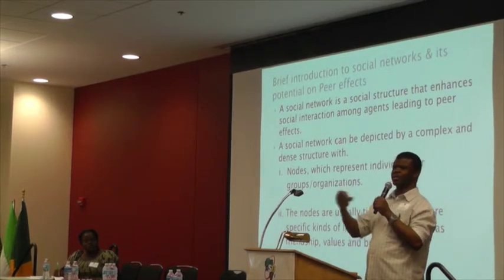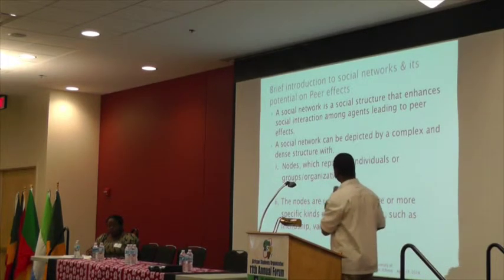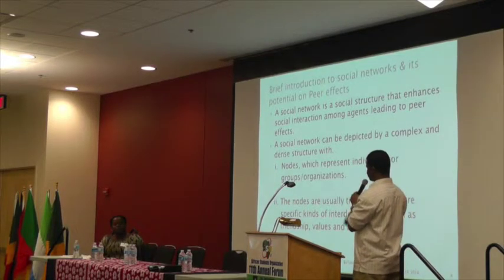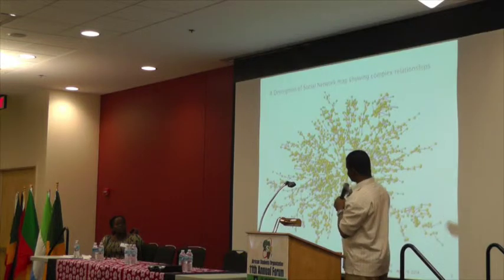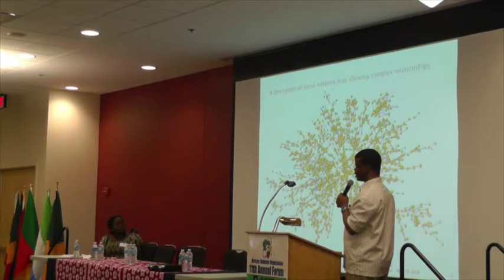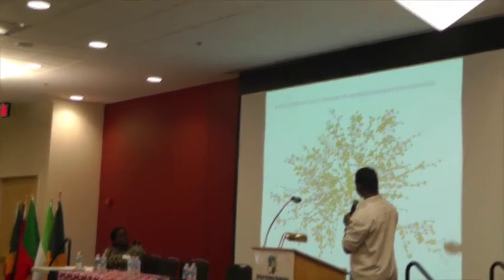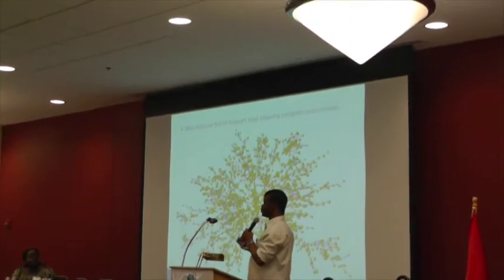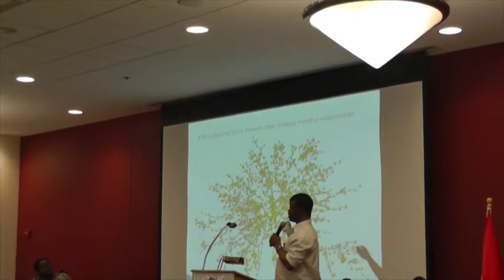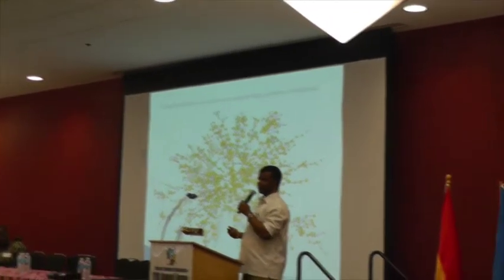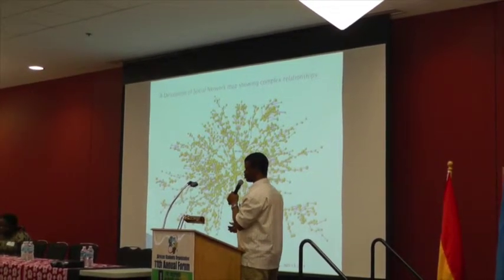So friends of friends, or peers of peers. That's how we model the performance of people in a group. Social networks normally are depicted by complex diagrams, which I will show you. You will see it's quite dense. Let's assume you have me in the middle here, having friends all over. Studying such a group has been difficult before, but the econometrics of social networks is making it a bit easier now to identify the effect of peers.